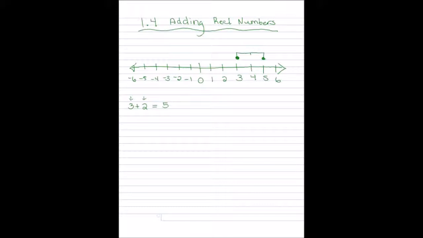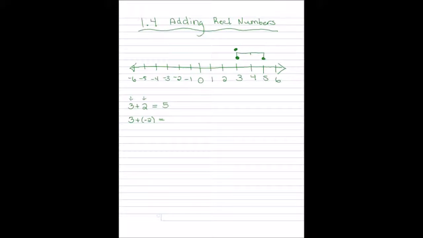Now 3 plus 2 is very understandable. We understand that one. But let's look at something a little bit different. Let's look at 3 plus -2. So 3 plus -2, that means you're going to start at 3. So let me put a dot at 3.